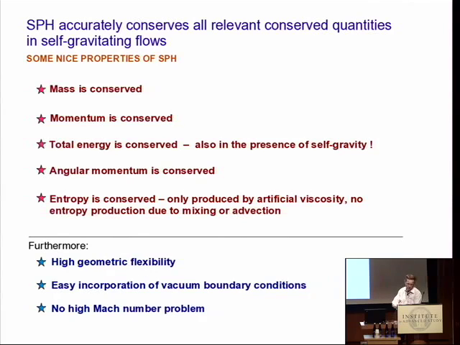So it's flowing with very high Mach numbers and then hitting something. You get very strong accretion shocks. These high Mach number flows are sometimes problematic to treat very accurately. In SPH, such issues are unheard of. So this is basically the good news. But as I said, I will try not to only give you the good news, but also the bad news later on.